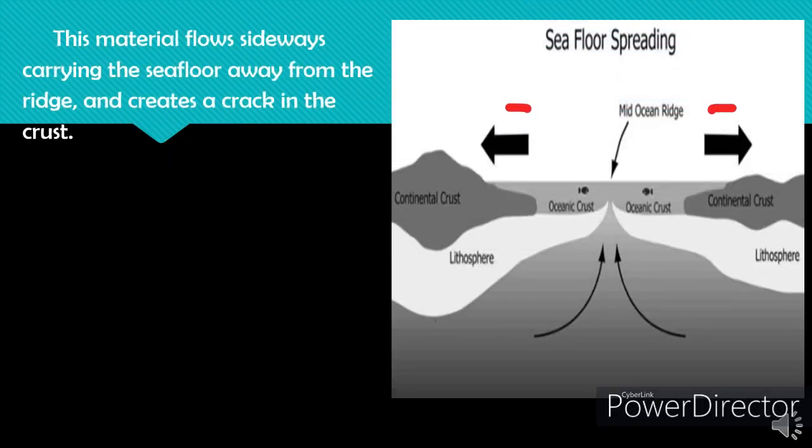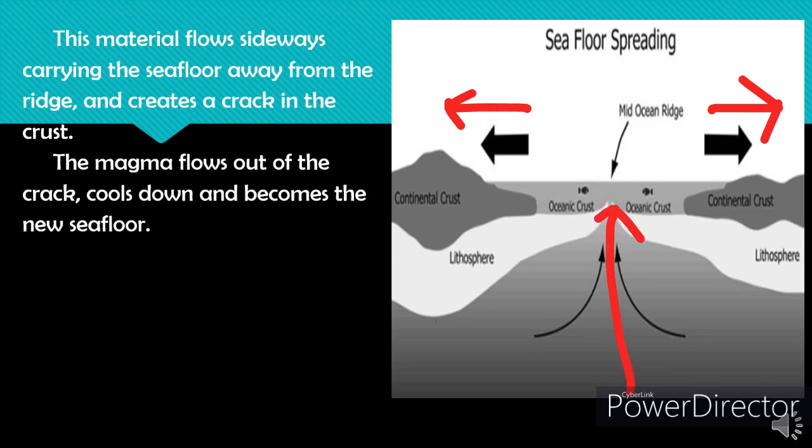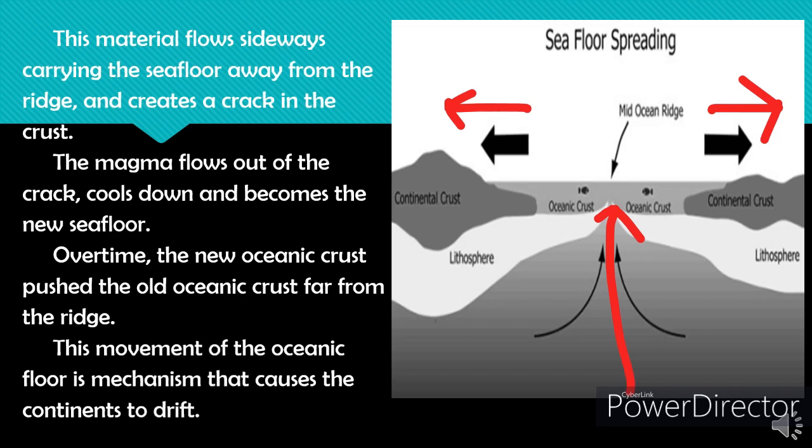The material flows sideways, carrying the seafloor away from the ridge and creates a crack in the crust. The magma flows out of the crack, cools down, and becomes the new seafloor. Over time, the new oceanic crust pushed the old oceanic crust far from the ridge. This movement of the oceanic floor is a mechanism that caused the continents to drift.